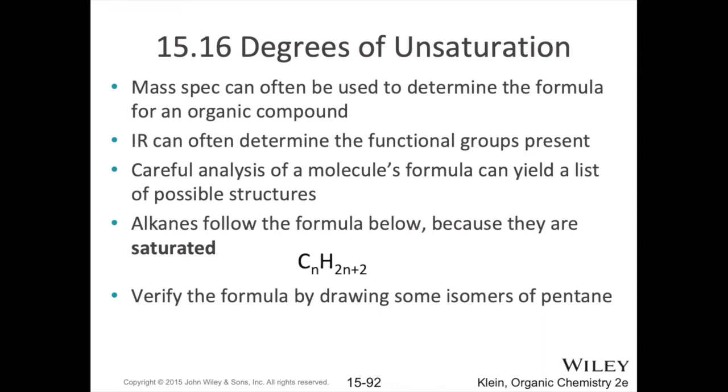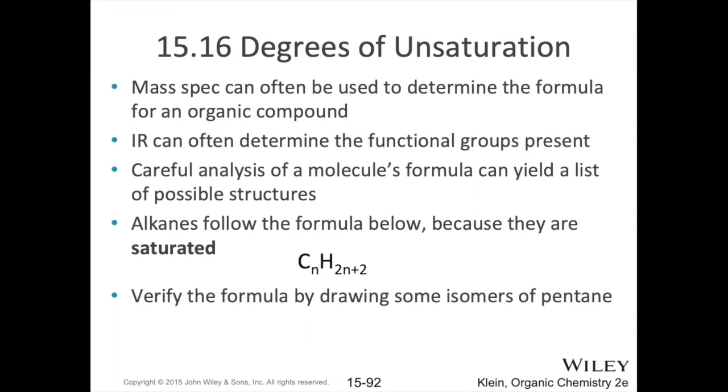You can have IR data that tells you what functional groups you're dealing with. You can use mass spec data that tells you what your parent ion weighs. But in addition to that, it might be helpful if you happen to have a molecular formula.